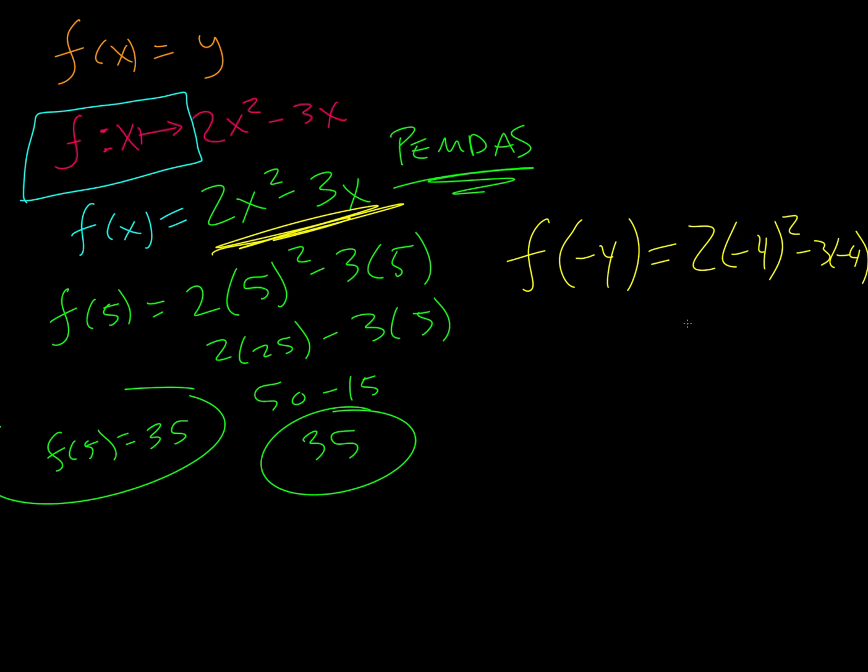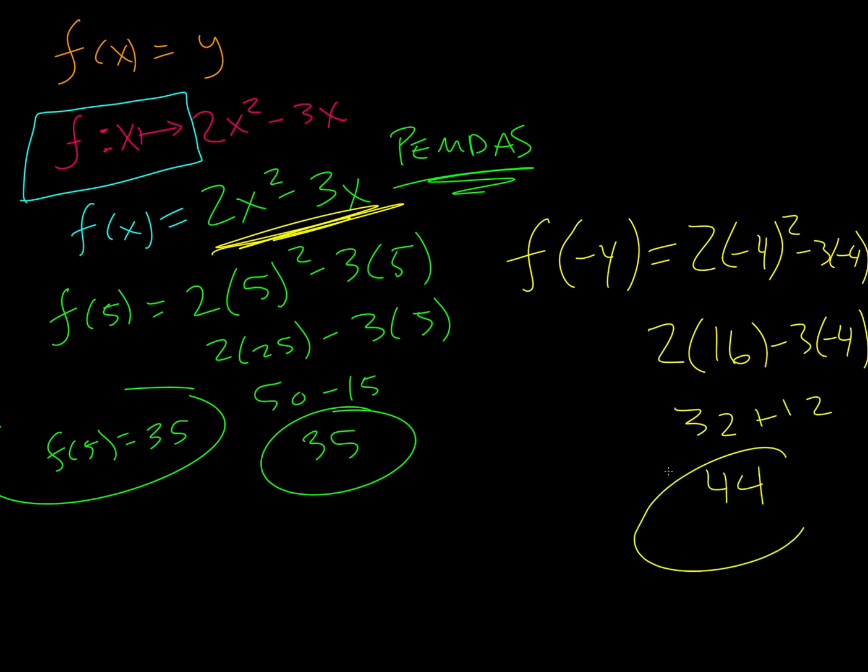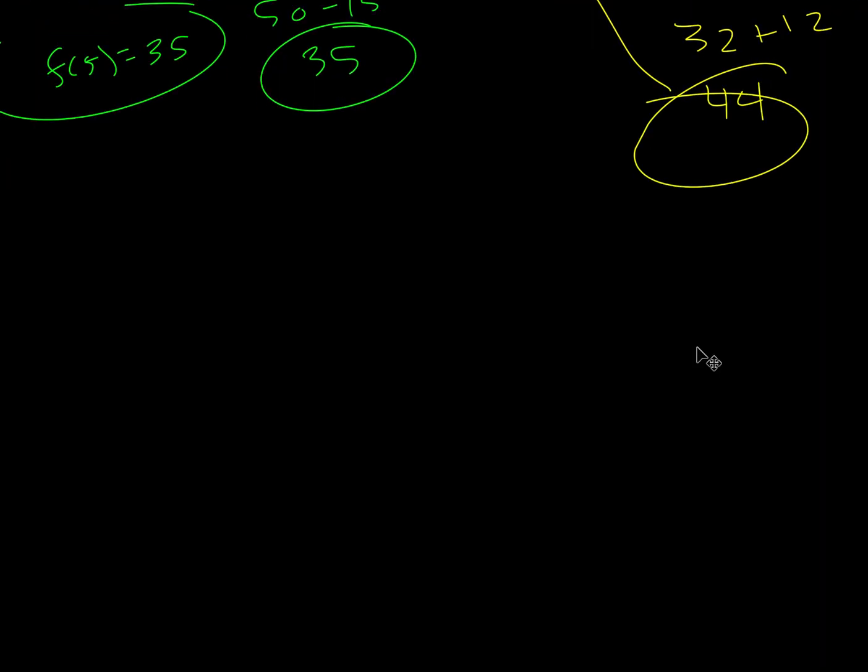Okay, so we square that. So we get 2 times 16. Now we multiply. And 44. So f of negative 4 is 44. Okay, hopefully that's not too bad.